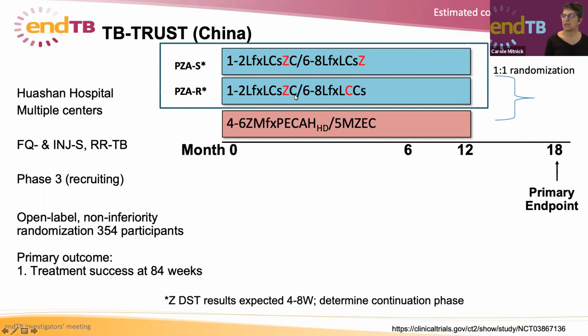If they're pyrazinamide resistant, then the PZA is removed and the clofazimine is continued. There haven't been any reports on results yet for this trial, and its estimated completion is late next year.